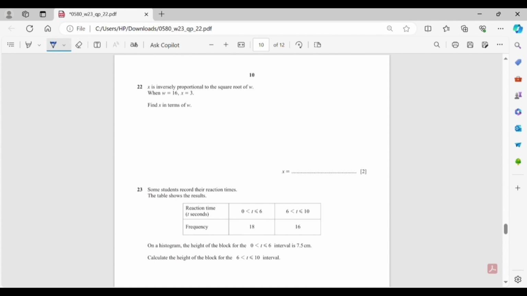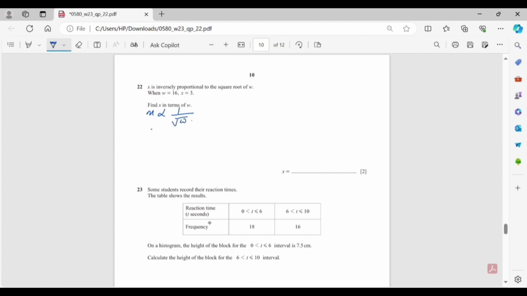X is inversely proportional to the square root of w. When w is equal to 16, x is equal to 3. Find x in terms of w. So x is inversely proportional to 1 by square root of w.